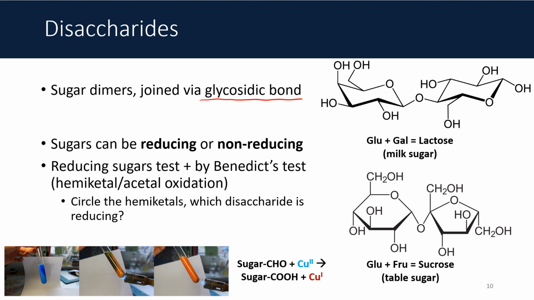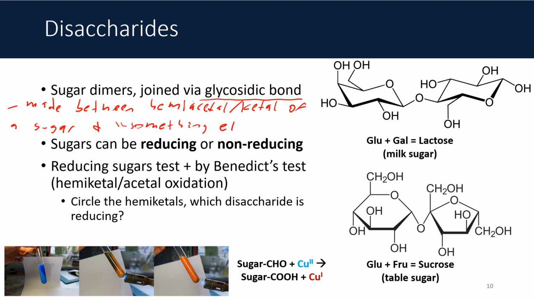And a glycosidic bond essentially is a bond formed between the hemiacetal and or hemiketal of a sugar conjoined with something else.